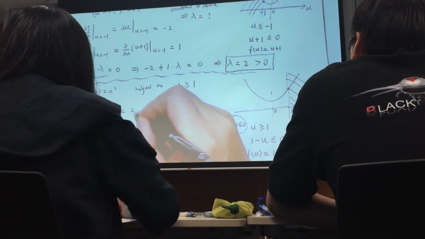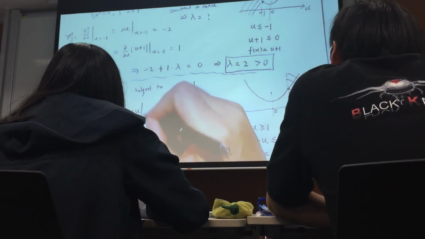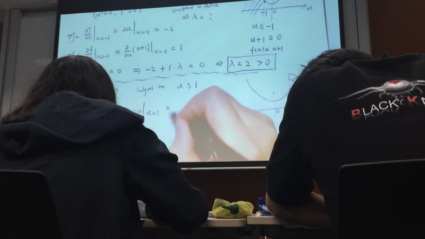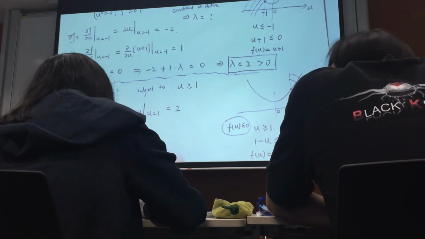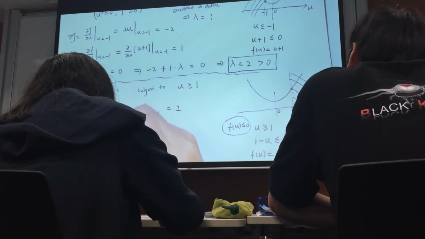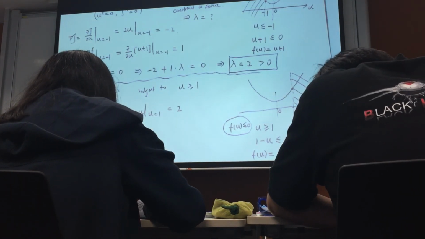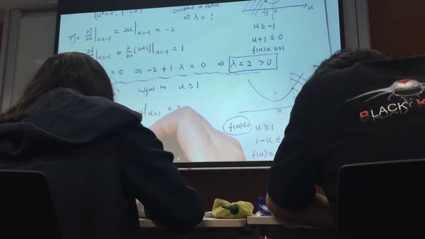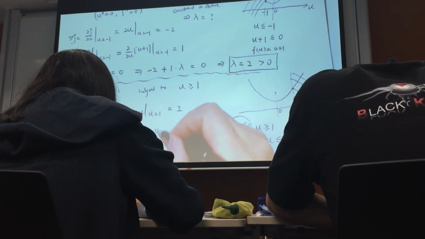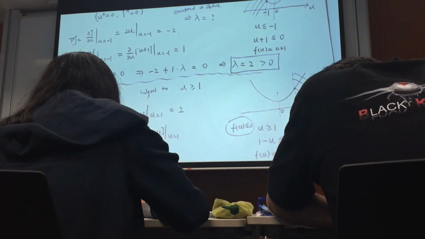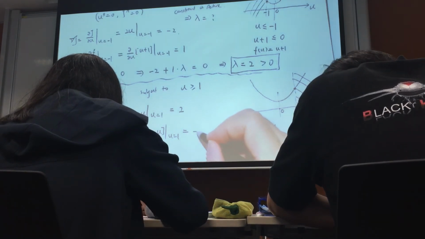In this case, we can calculate delta J equal to dJ/dU at u equal to 1. We know the boundary is active, the constraint is active, so u equal to 1. So dJ/dU is 2u at u equal to 1, which equals 2. Then delta F equal to dF/dU at u equal to 1 for the function 1 minus u, so this equals minus 1.